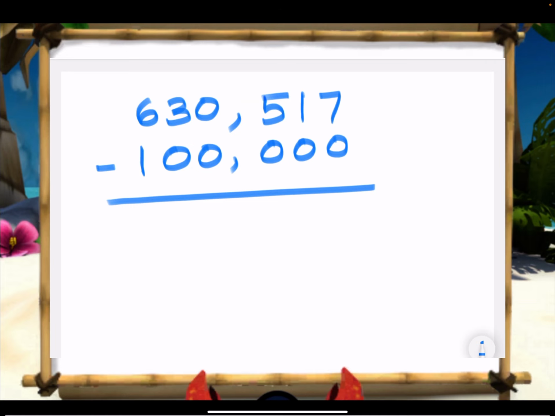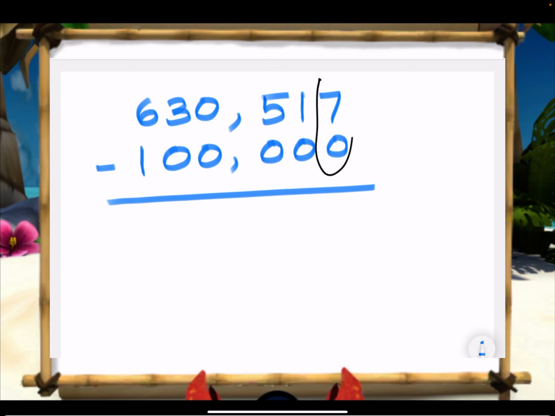Okay, so now we are going to learn about how to subtract. So for subtraction, when you see a minus sign, that is a minus sign which we use for subtraction, where we find the difference between the two numbers.